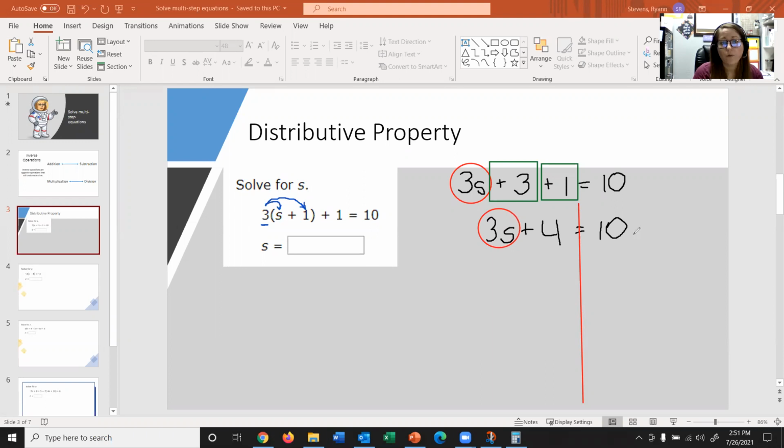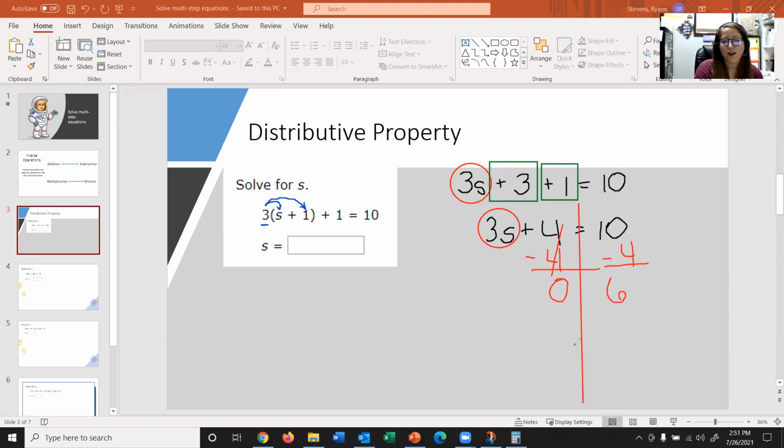We have a positive 4, so we have to remember the inverse operation of addition is subtraction. So we're going to subtract this number 4 from both sides of the equal sign. Positive 4 minus 4 is just going to cancel, leaving us with 0. And then 10 minus 4 will leave us with 6.